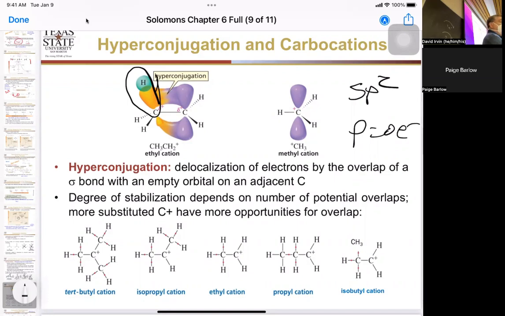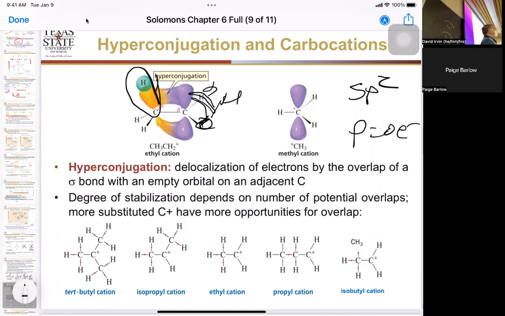Now, if you only have one methyl group, only one of them can donate. If we add another carbon here with a hydrogen here, we can donate some more on this side. So we have 2 hyperconjugation donations. And if we put a third carbon here, we can have 3 hyperconjugation donations. 3 different inductive donations plus 3 individual hyperconjugations stabilize it even more.